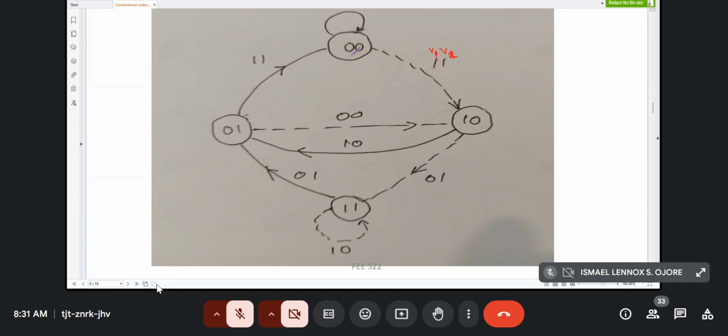We like calling this state A, this state B, this state C, and this state D. But you don't have the confusion of 0, 0 and 0, 1. So we leave this to the outputs.